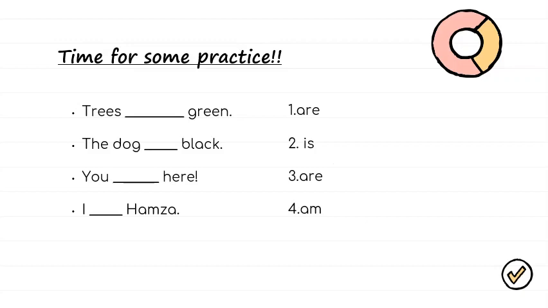So the sentence is I am Hamza. We, glad. We use it for ourselves and others together. We is one or more than one? It's more than one. So what should we use? Are. So the sentence is we are glad.